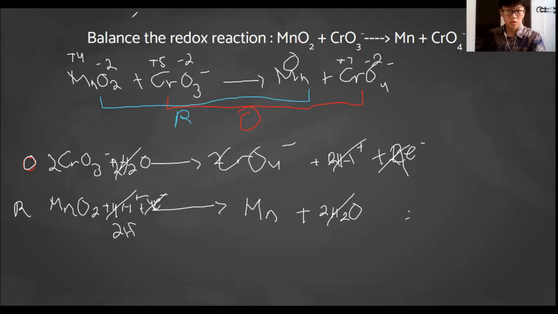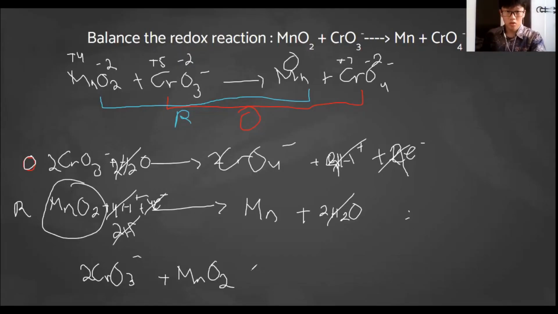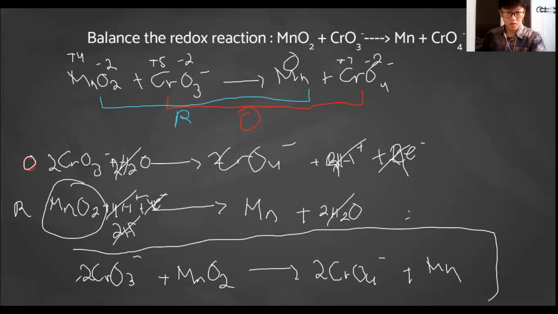So now we just add all of these together. Oh, I'm sorry, this should be gone because this was 4. Okay, so what's left is, so this will be the final balanced equation.